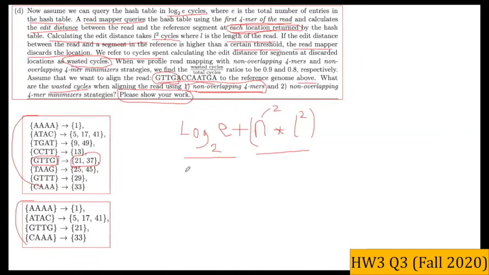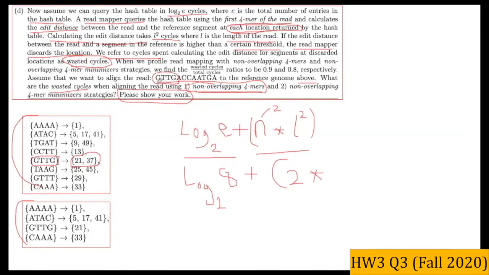So we have log base 2 of 8 plus 2 times L squared. And L is the length of the read sequence.